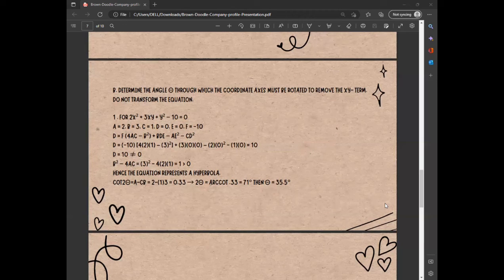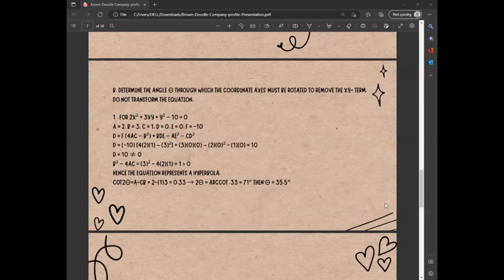Substitution agad, negative 10 times 4 times 2 times 1 times negative 3 squared times positive 3 times 0 times 0 times negative 2 times 0 squared times negative 1 times 0 is equal to 10. So this is equal to 10, not equal to 0 but greater than 0.